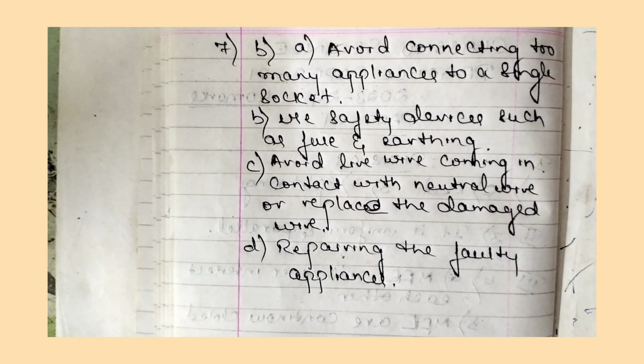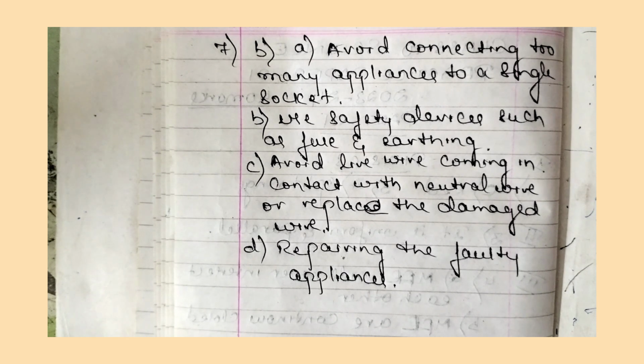So by this we can avoid overloading. So by this we have completed all the questions related to the physics part. It is a 40 marks question, and we have completed all the questions related to the physics part.